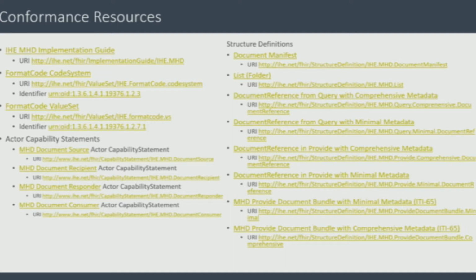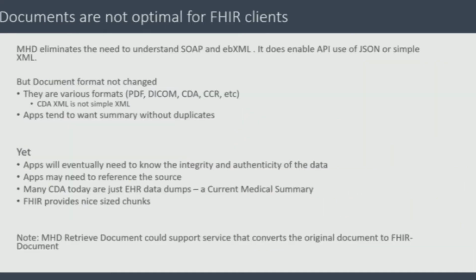If you go to the FHIR implementation guide registry, you will find all of the IHE profiles, including MHD. And if you still can't figure it out, I can help you. All the conformance resources are there. I've gone through a couple of FHIR Connectathons with these, where they beat on me mercilessly, so I'm pretty confident of them.